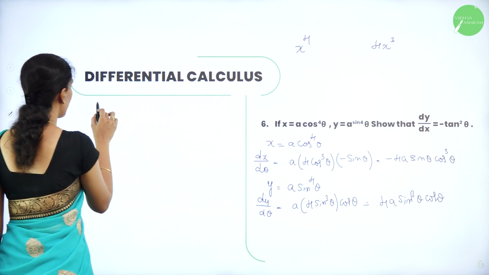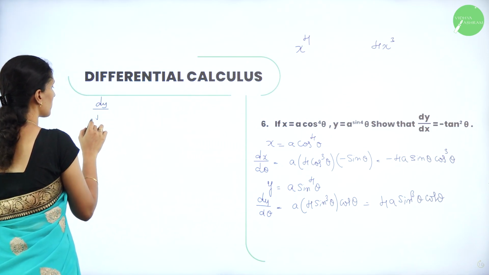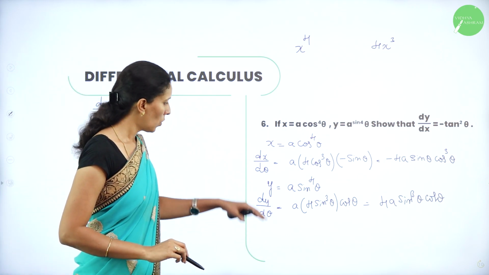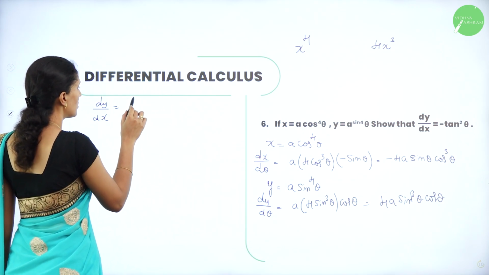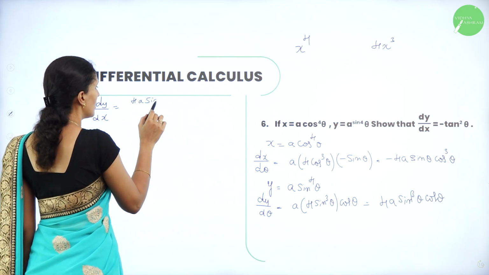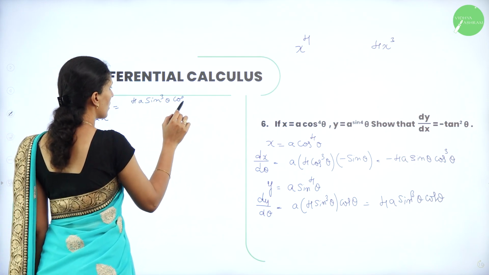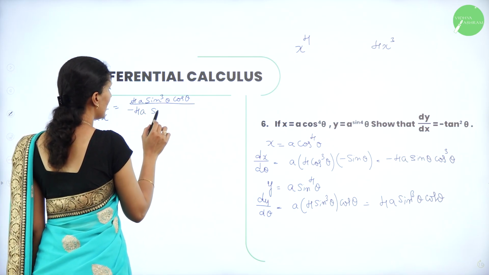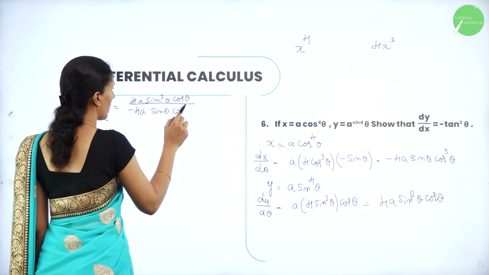So let me take dy by dx now. So dy by dx is dy by d theta over dx by d theta. So it is 4a sin cube theta cos theta divided by minus 4a sin theta cos cube theta.